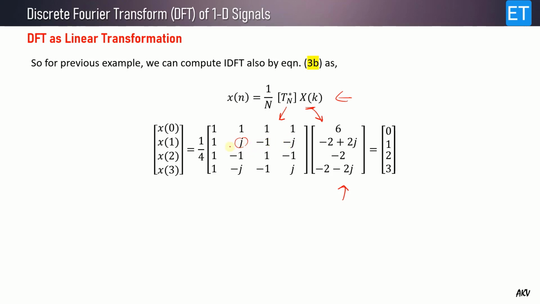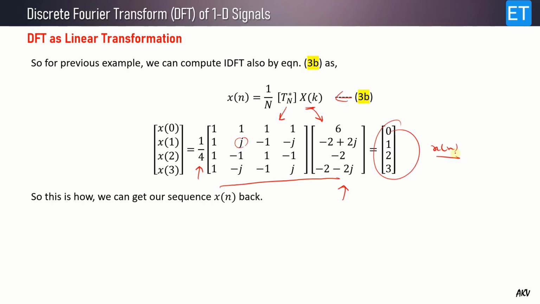And this is 1 upon n, that is 1 upon 4. When you multiply these two matrices, you will get your signal back, 0, 1, 2, 3. That was my xn, which I took in the previous example of finding DFT.